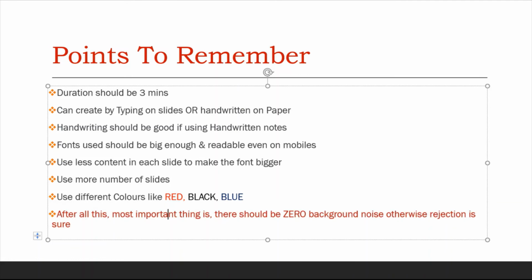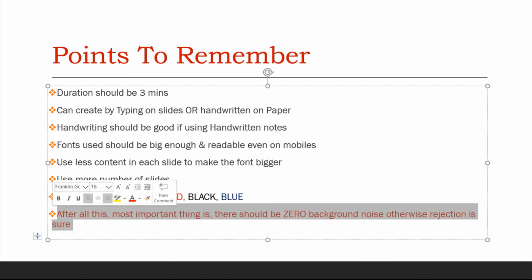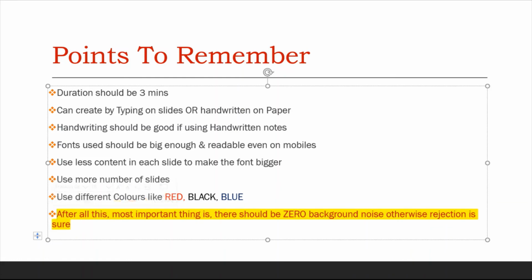The next point, and the most important thing after all this, is that there should be zero background noise, otherwise rejection is sure. You created 3 minutes of content, your handwriting is very good, your font size is bigger and visible, you added more slides with less content in each, and you used red, black and blue colors.